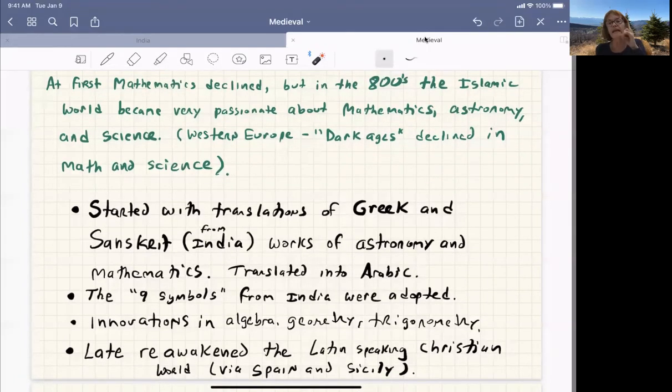And then later, this work from the Islamic world reawakened the interest in math and science. And so the Latin-speaking world basically learned a lot from what was going on there.